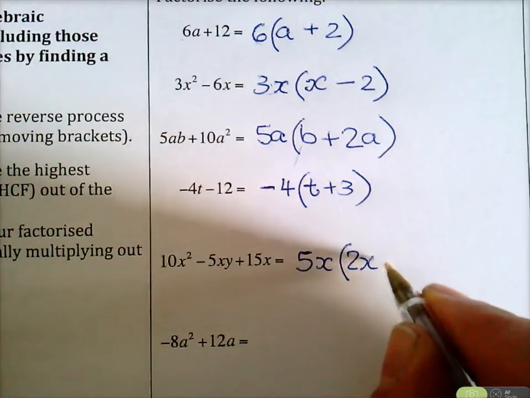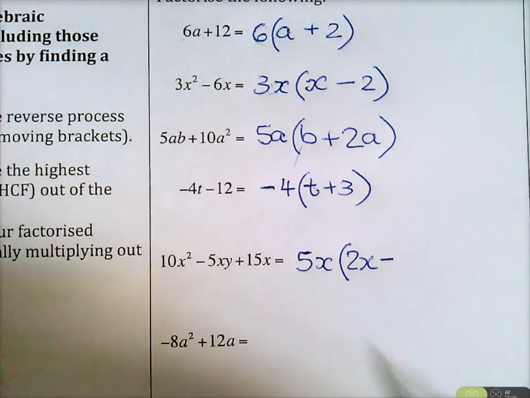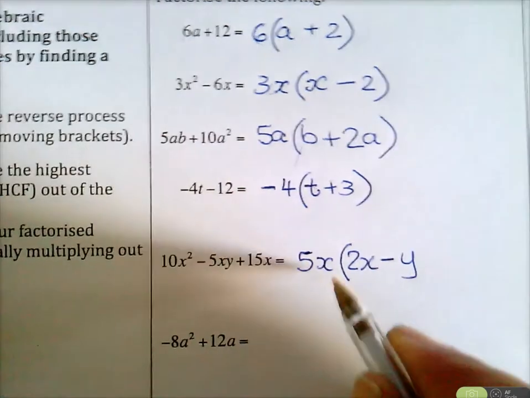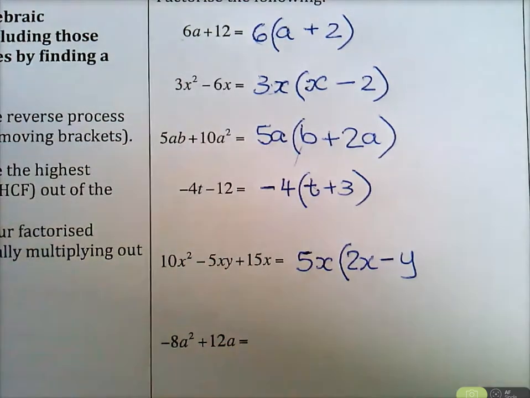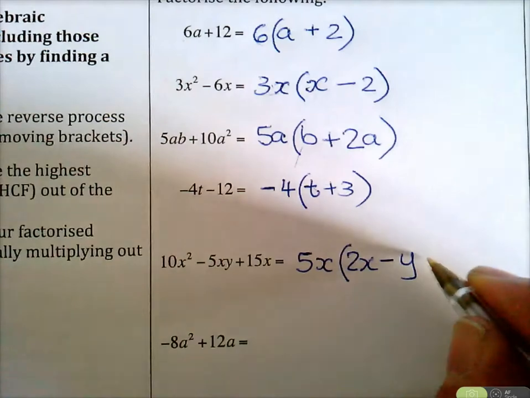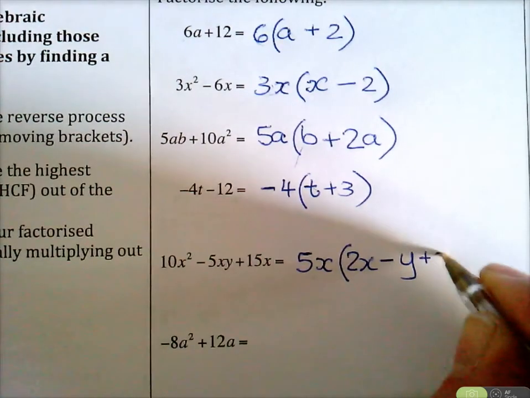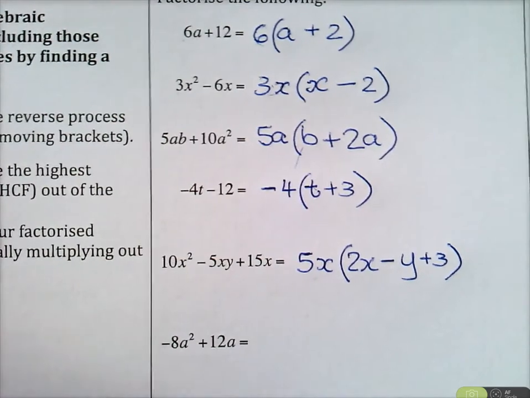What do I put? Minus. Now, what am I missing? A y. So I've got 10x squared minus 5xy. The last term's plus 15x. What am I missing? And plus or minus? Okay, are we good? I think yeah.